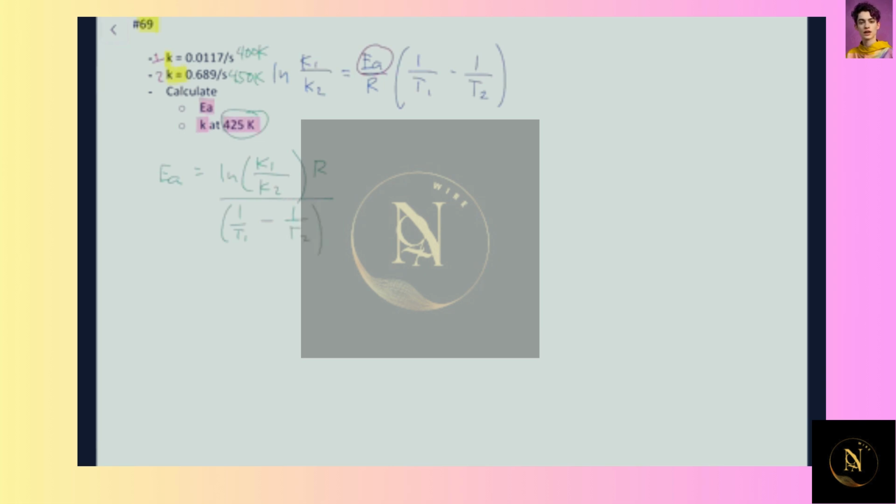The way I rearranged this is that I multiplied R to this side, and I divided by this whole term in order to isolate EA on one side. Let me remove all that clutter.